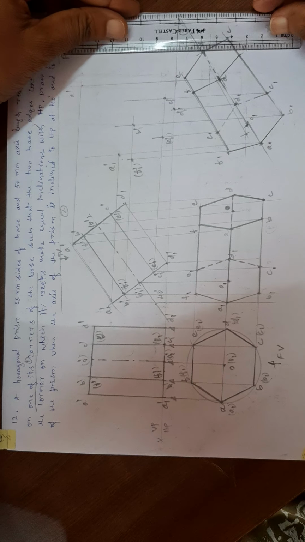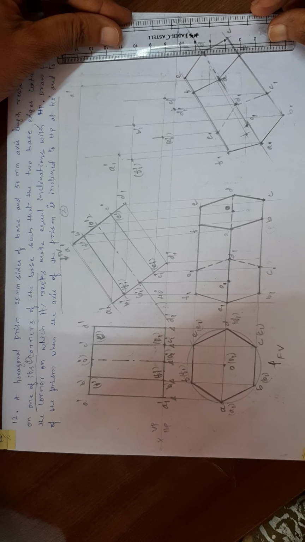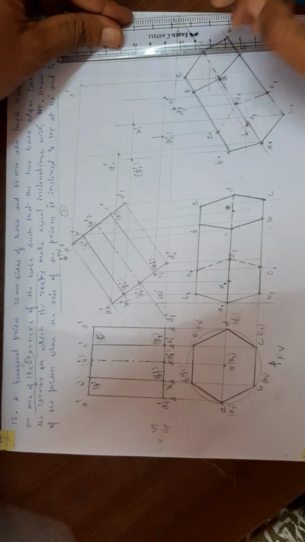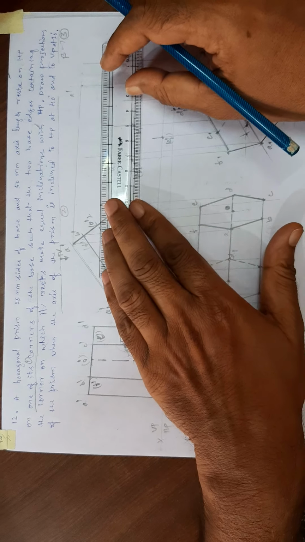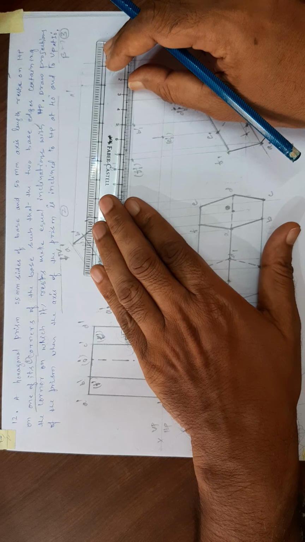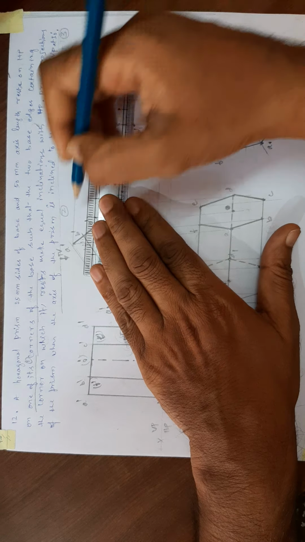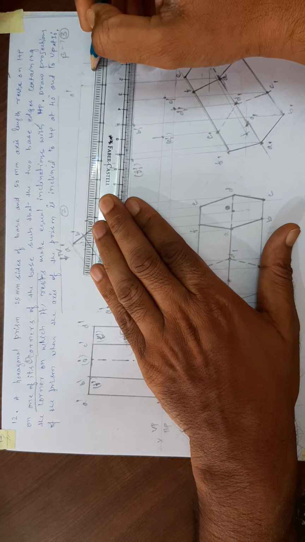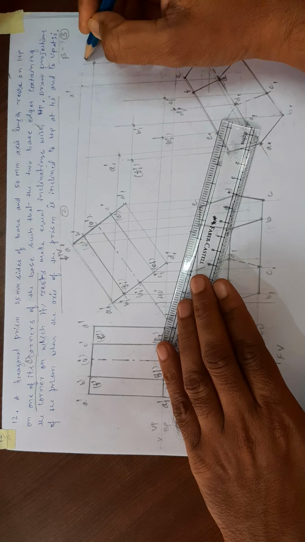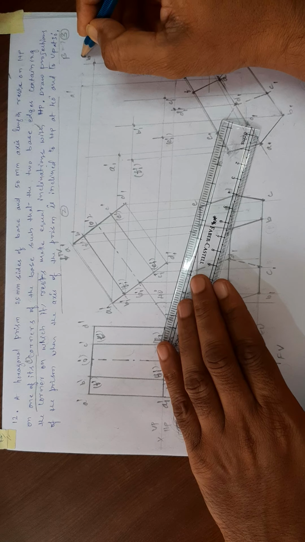So vertical projector line from the B, horizontal projector line from the B dash. Now see, this is B dash.